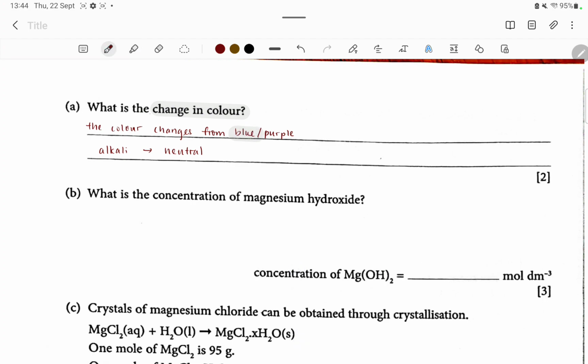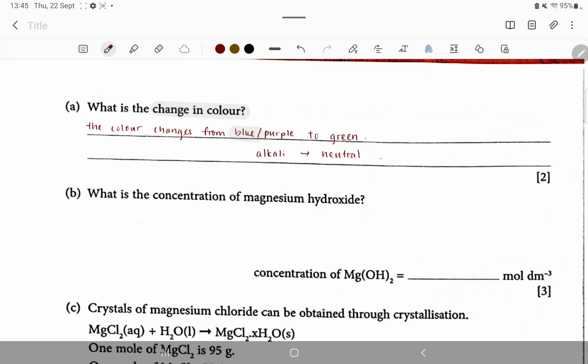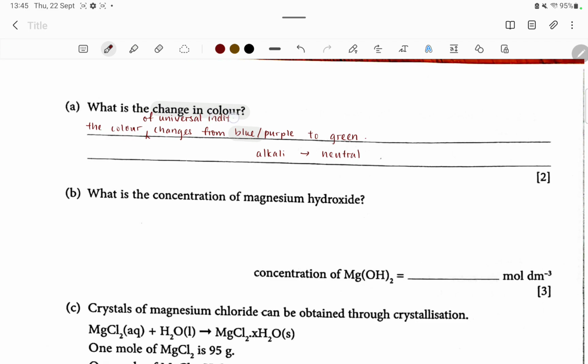For alkaline one it's blue and then to green. So this one is alkali to neutral. And then to be more specific, the color of what? The color of universal indicator solution.